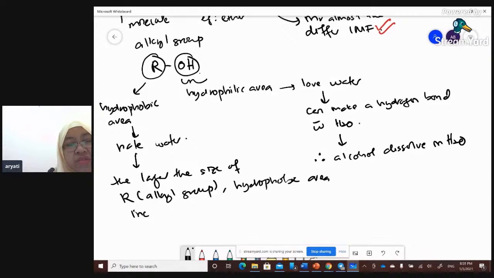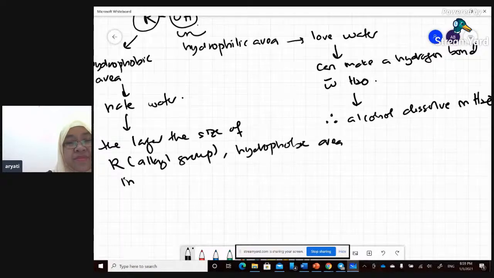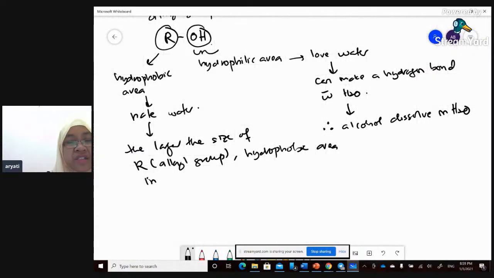So when the hydrophobic area increases, the solubility in water also will decrease. The larger the size of R alkyl group, hydrophobic area increases. So the solubility in water decreases.